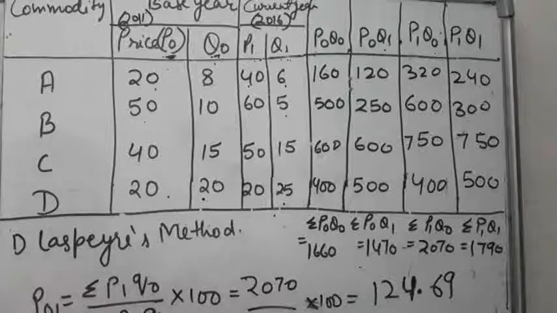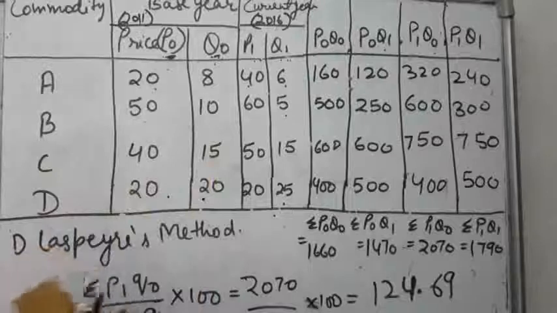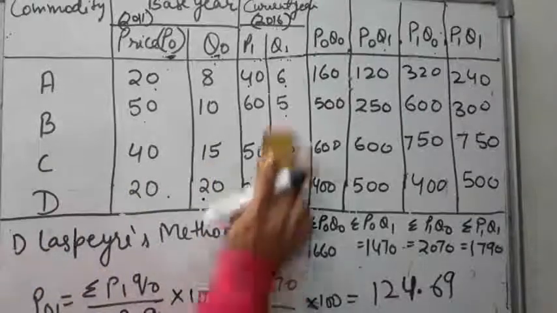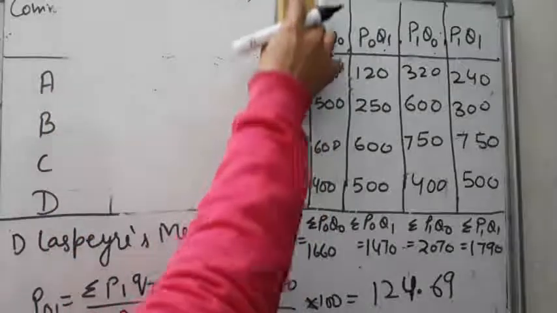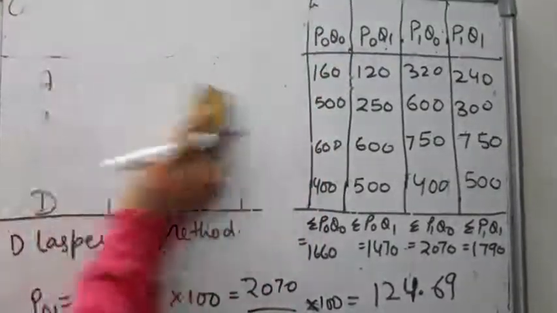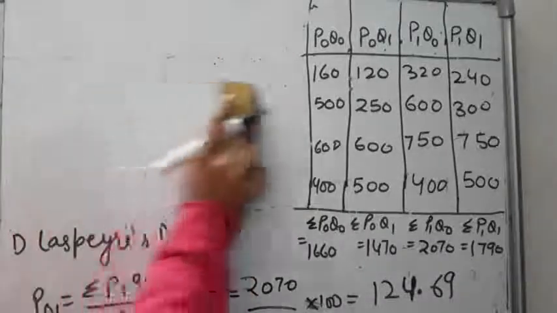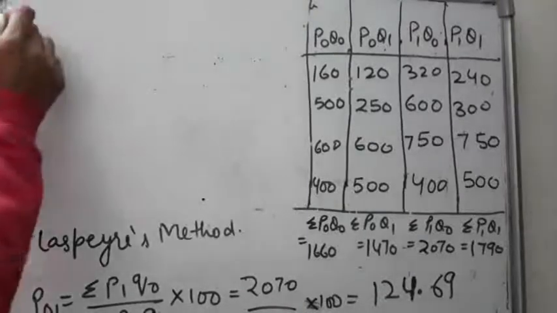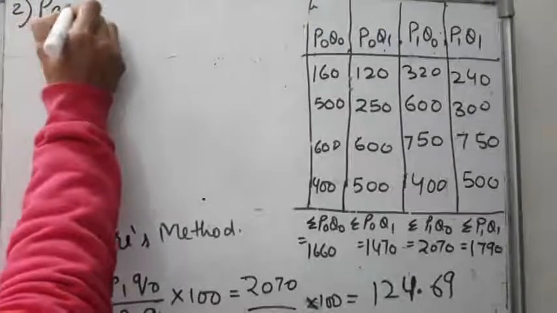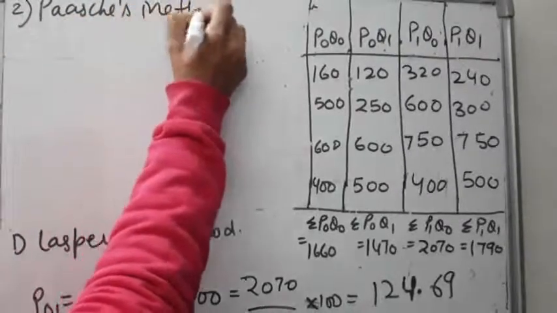Next, we apply the Paasche's method. I am rubbing till here so that it will be more clear to you. Here we have all the values and we have to put them in the formula. This is our result from the Laspeyres method. Second, we are using the Paasche's method.